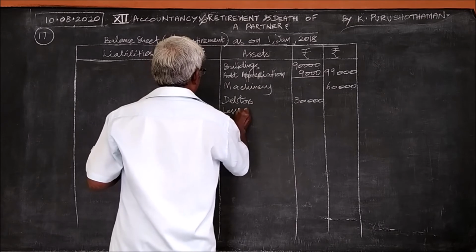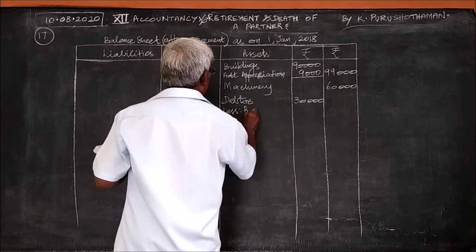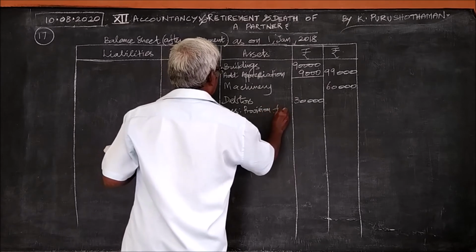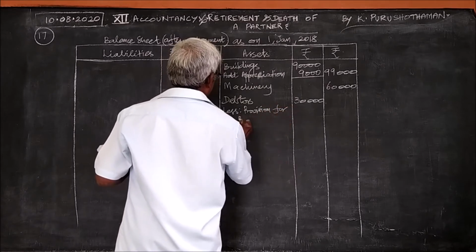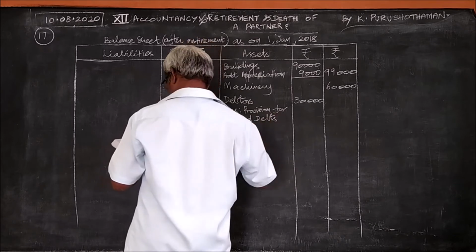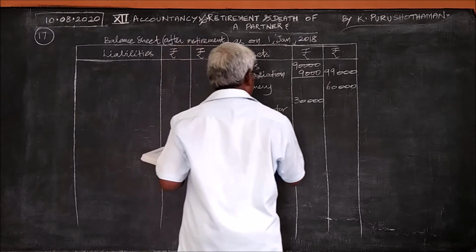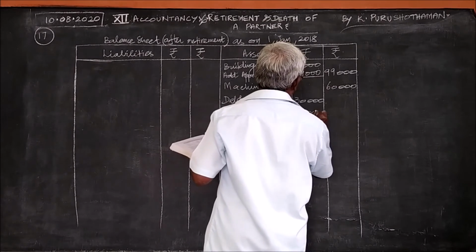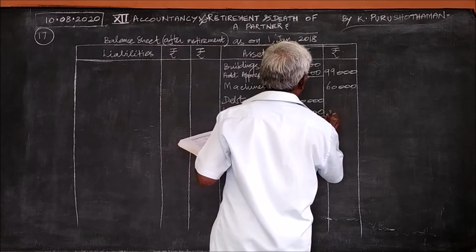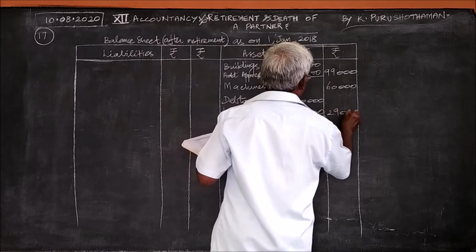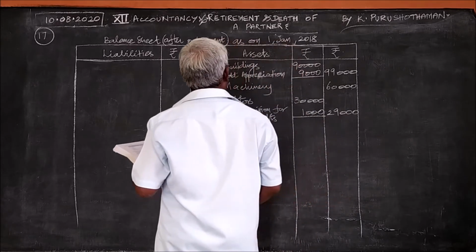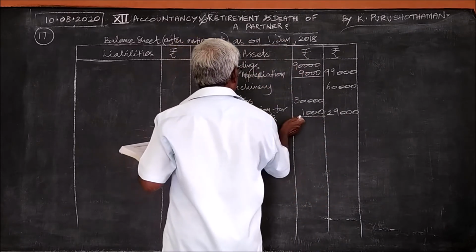Therefore, less provision for bad debts. 1,000 rupees less. So in that case it is 29,000. Here it is added, here it is minus.